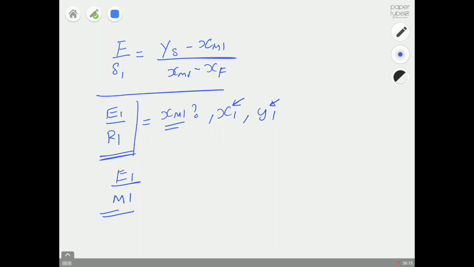So if we go back to equation, which equation is that? If we go back to equation 2, we have this part E1 y1 plus R1 x1, that's equal to M1 xM1.